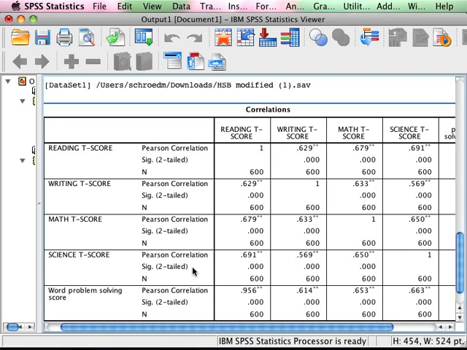Reading, right. When I'm looking at word problem solving, here are the different correlations with the other variables. The strongest one is with reading. Almost a perfect correlation. That's a humongous correlation.